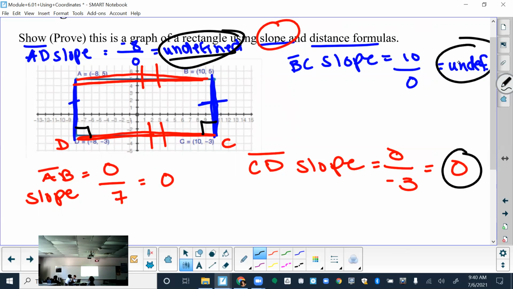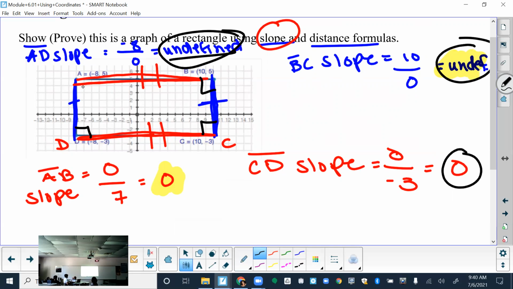Is that the same for CD and BC? So now we're looking at these two. Is undefined the opposite of 0? Yes. So we have a 90-degree angle there. For AB, looking at these two now, a slope of 0 versus a slope of undefined, are those opposites of each other?